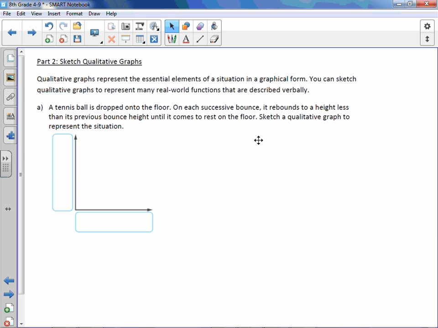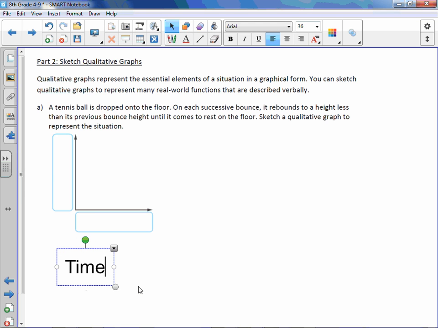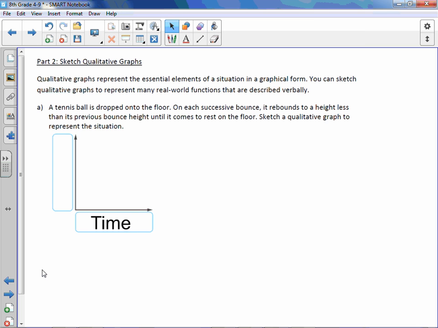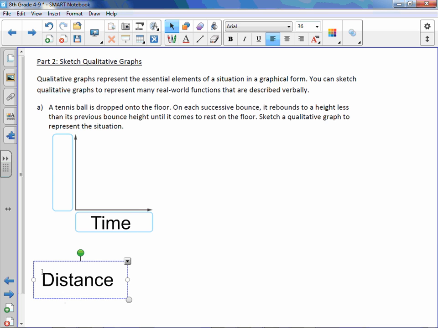On each successive bounce, it rebounds to a height less than its previous bounce height until it comes to rest on the floor. Sketch a qualitative graph to represent the situation. So our first label on our x-axis is time. Our y-axis label would be the distance from the floor or the ground.